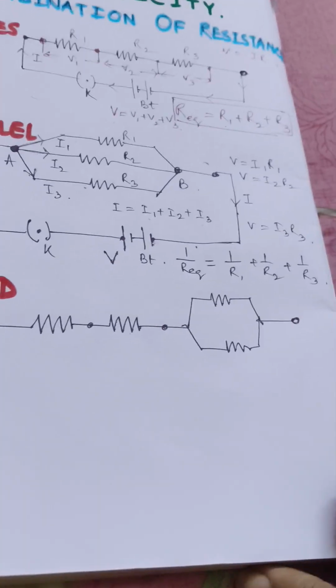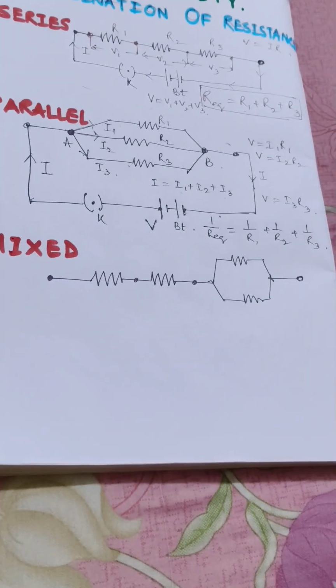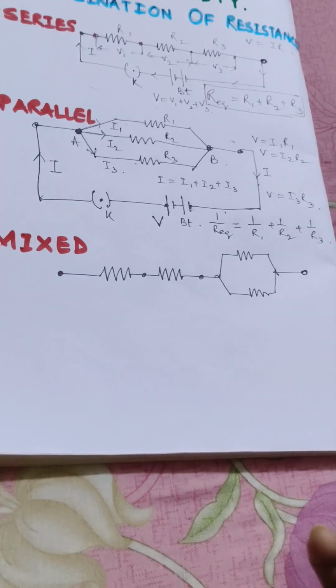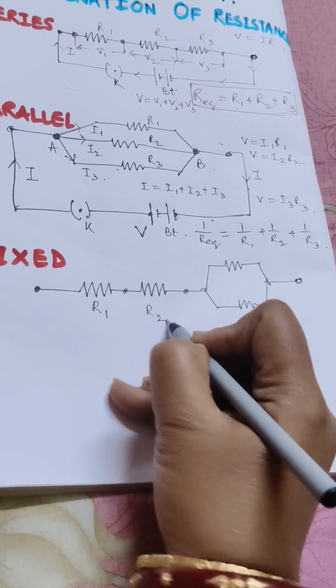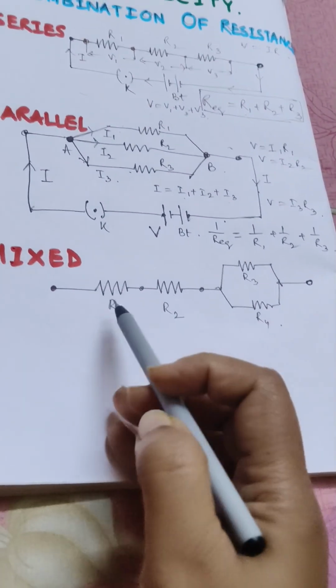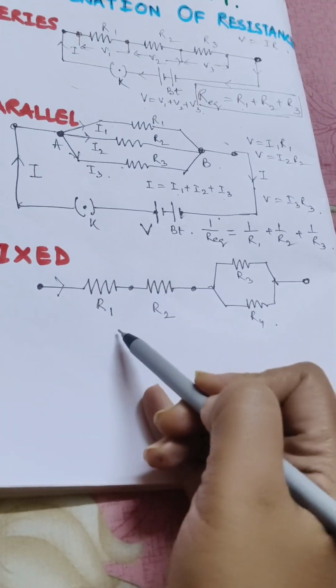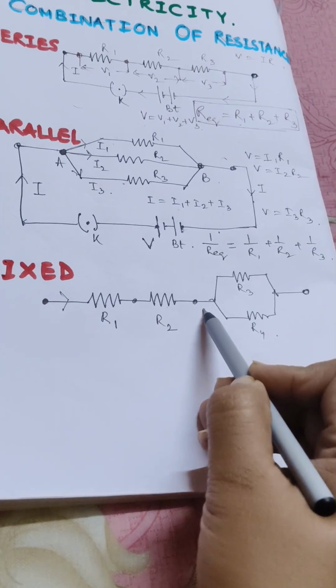All right. Okay. Now comes the mixed combination. Why do we call this a mixed combination? In a mixed combination of resistance, if I name these R1, R2, R3 and R4, what do we see? If current reaches this point, the same current goes through R1 and R2. Isn't it?